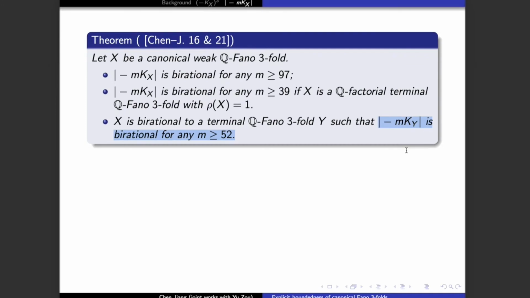But this result looks not so interesting because, for example, if X is a rational Fano 3-fold, then we can always take Y to be P^3, and then we can take m to be 1.